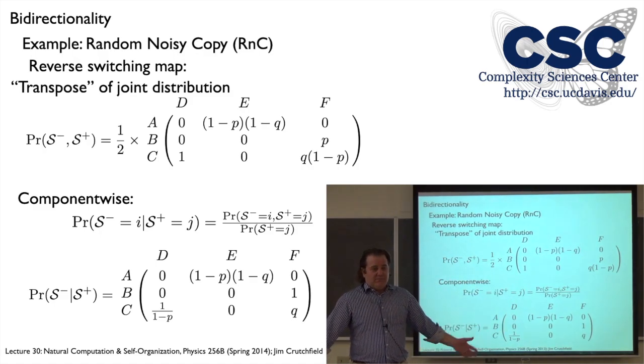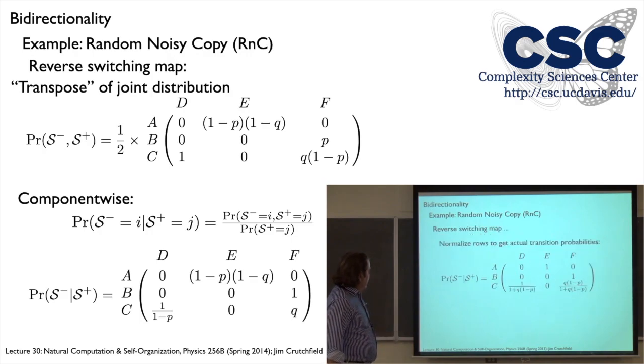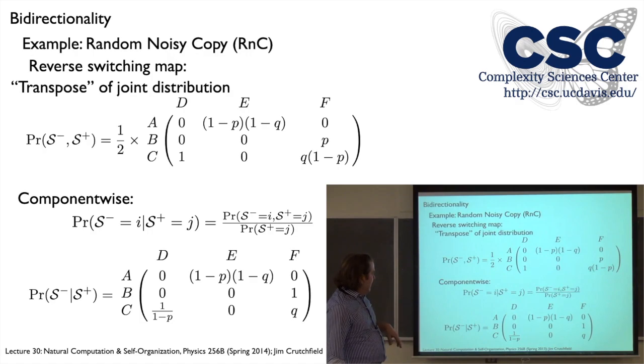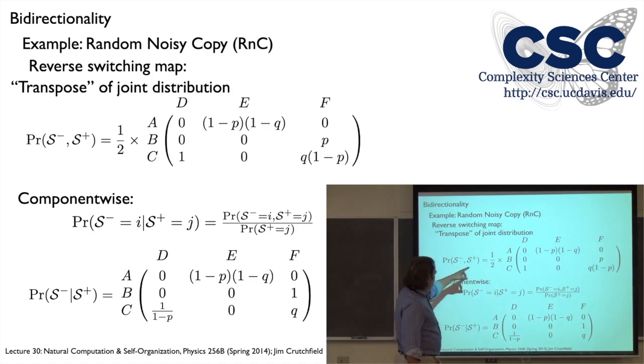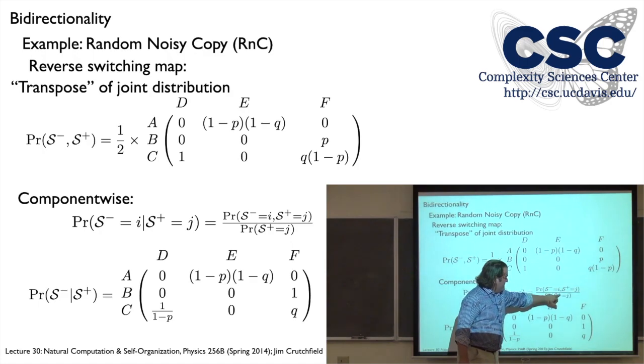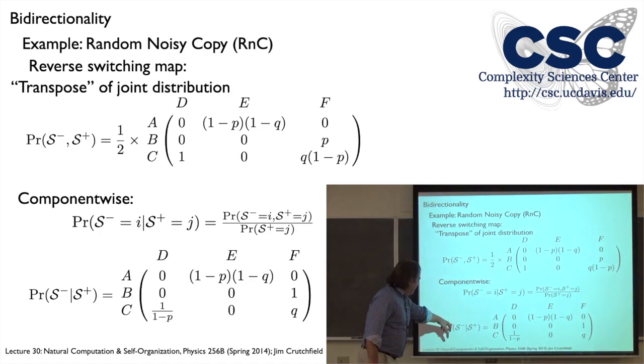So we know how the forward and reverse processes relate to each other. I can then, if I want, go back. Actually, the way I did this calculation, I started from the joint and then divided by the forward state asymptotic probabilities to get this conditional distribution, past given future.